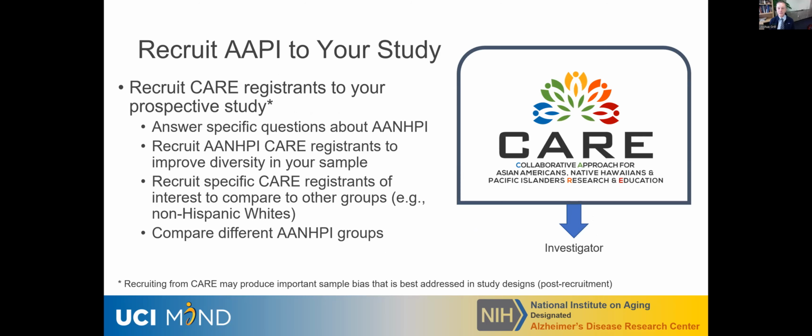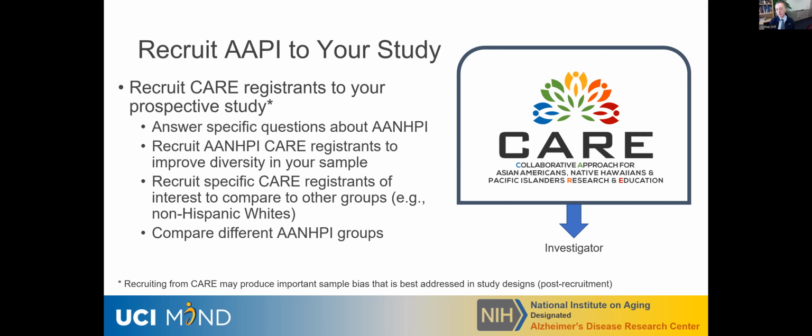I think the quintessential purpose of CARE, however, is to conduct prospective recruitment to your study of AAPI participants. Again, the main goal here is to improve the representation of Asian Americans and Pacific Islanders in studies, full stop. We really hope that this will be a valuable tool to many.